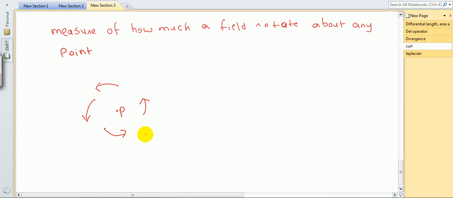suppose this is the point P, and I can find here del cross A, where A is this field vector. So I can find del cross A, and it will tell how much this field is rotating around this point P. Now if the field is not rotating, suppose the field is like this, and I have my point P here.